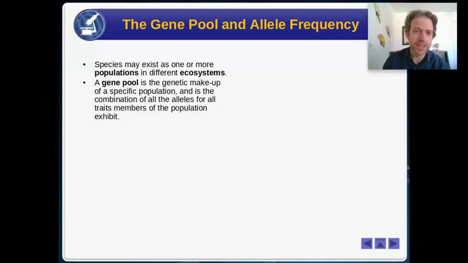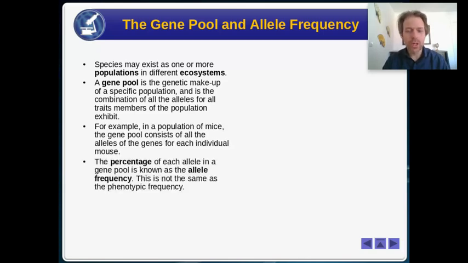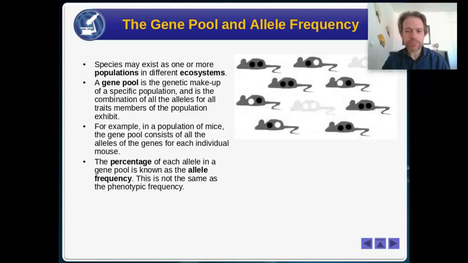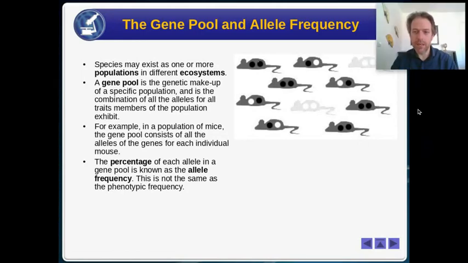Let's run through this. We've got populations, ecosystems. Gene pool is the whole population with all of the alleles for a particular gene. Okay, and here we've got this diagrammatical representation of our mice. Okay, the dots inside the mice are representing the alleles. And so we can see there, I'm covering one up, that we've got what must be 10 mice, 1, 2, 3, 4, 5, 6, 7, 8, 9, 10 mice, 20 alleles.